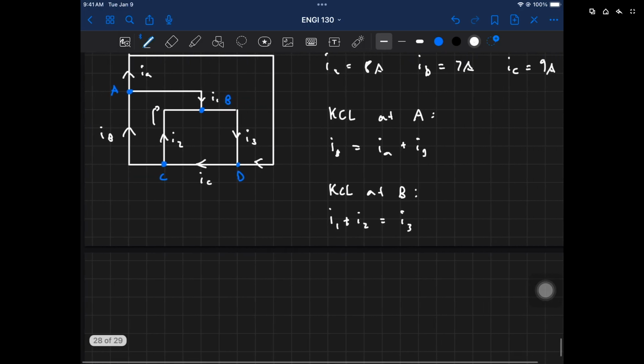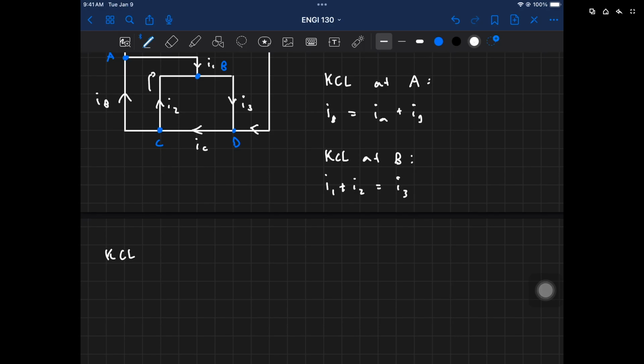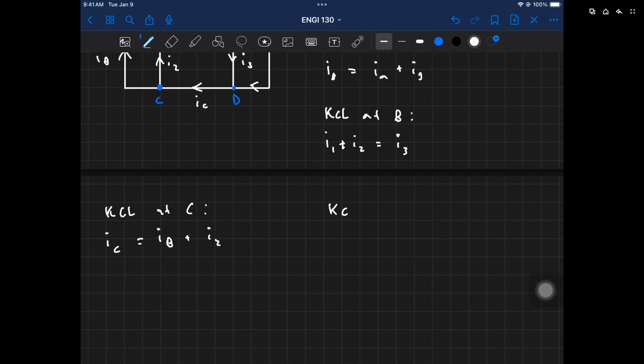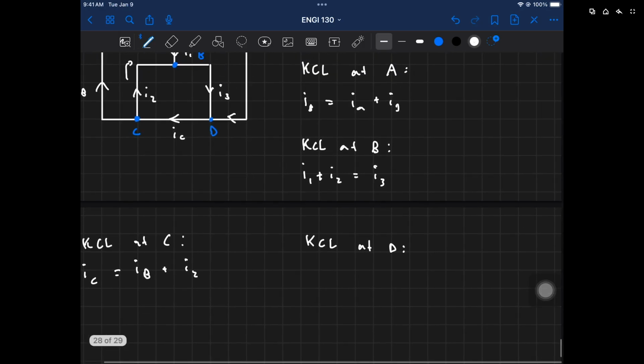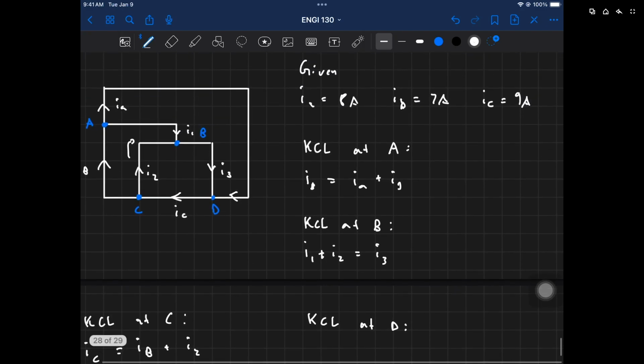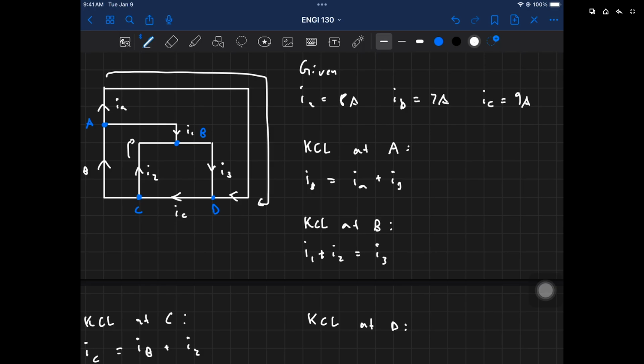Simple. Now KCL at C, what do we have? Coming in, we have IC. Going out, we have IB plus I2. Finally, we have KCL at D. Coming in, because we have IA, IA goes all the way around, right?